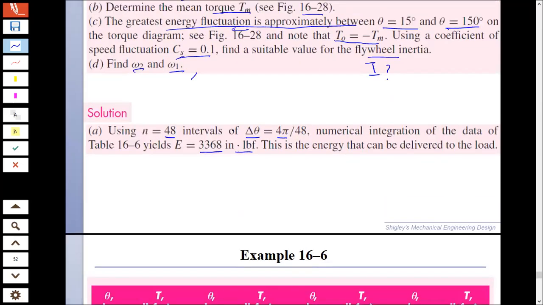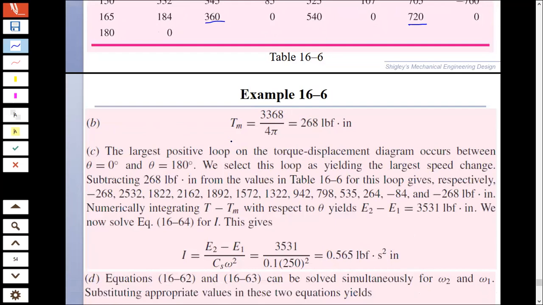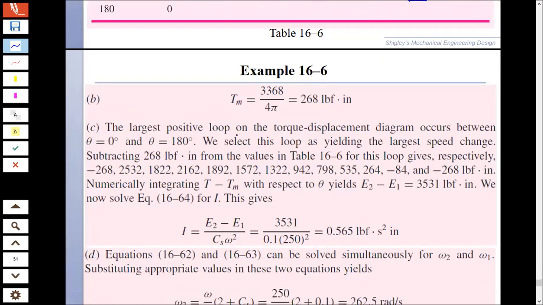Now, if we look over here, it says that TM. So what will be the average, or what will be TM? That is going to be 3368, the one that can be delivered, divided by 4 pi, and that comes out to be 268 pound force inch, right?